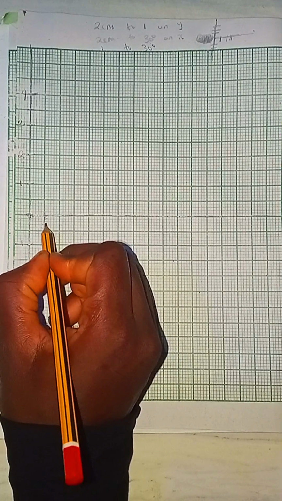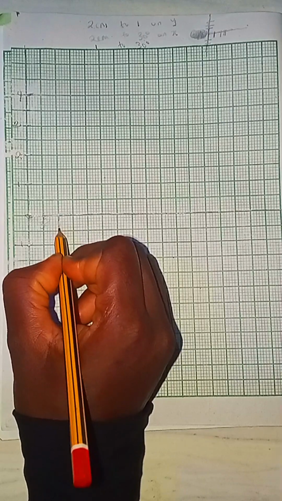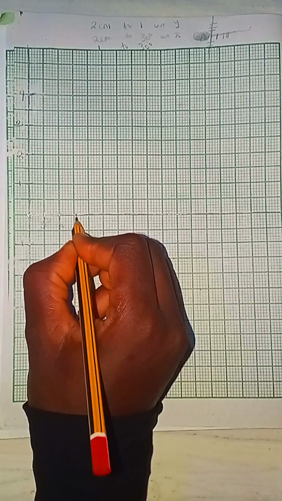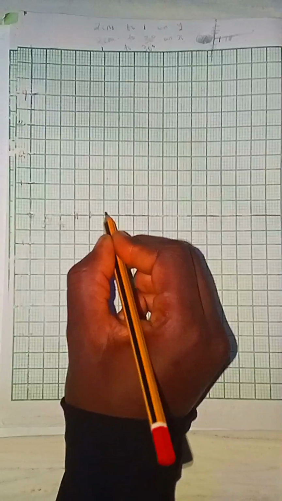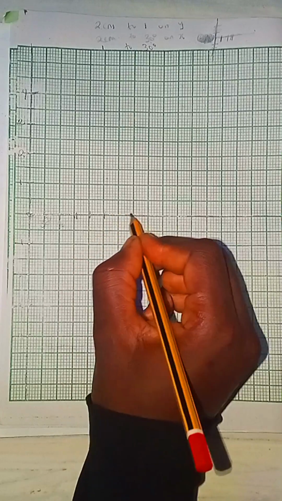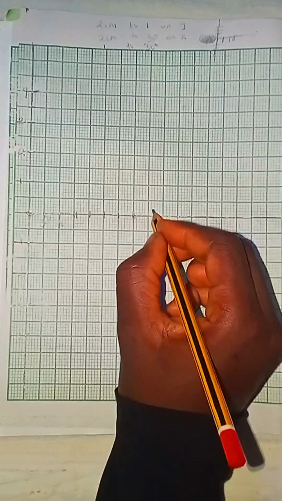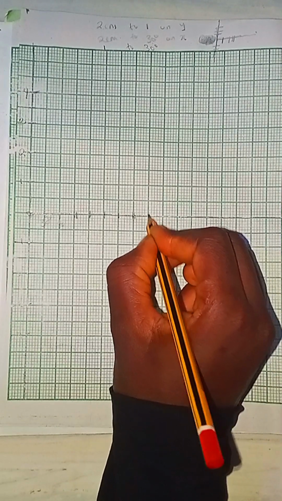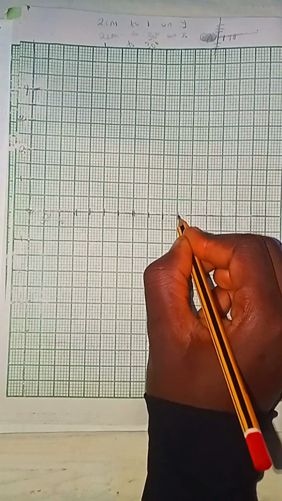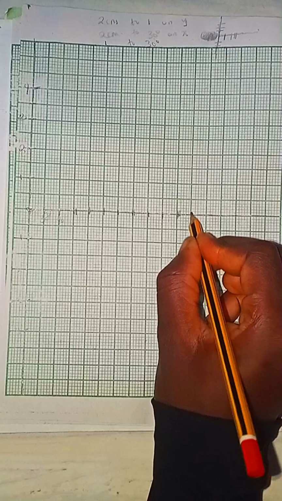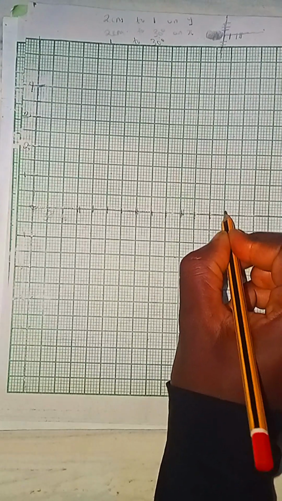Here is 0, here is 30°, here is 60°, here is 90°, here is 120°, here is 150°, 180°, 210°, 240°, 270°, 300°, 330°, here will be 360°.